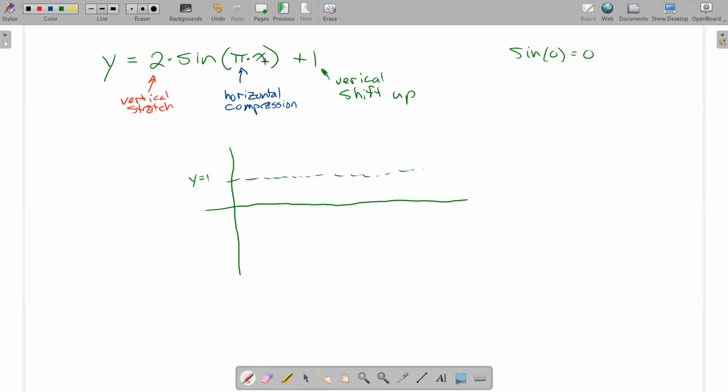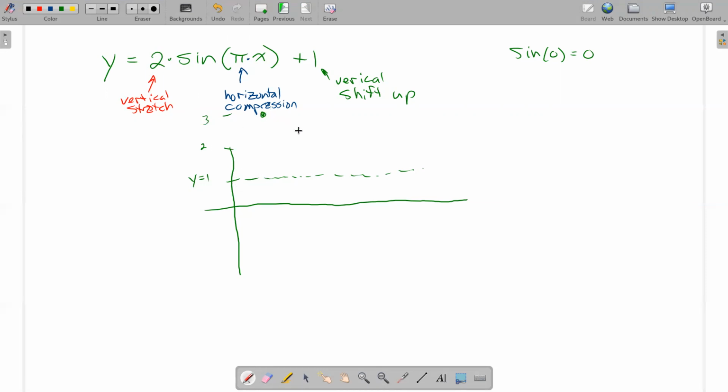Now, the sine function used to go up to 1 and down to -1 from its midline, and I've just doubled that, so it should go up 2, down 2 from the midline. So if that's the center right there, it's going to have a peak that's 2 above that midline. So up here at 3, I'm expecting to see a peak.